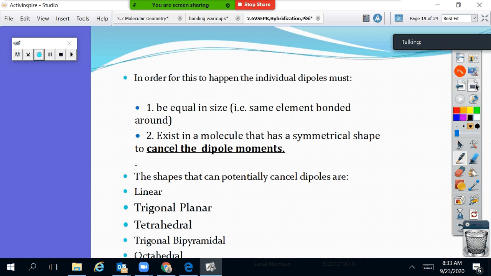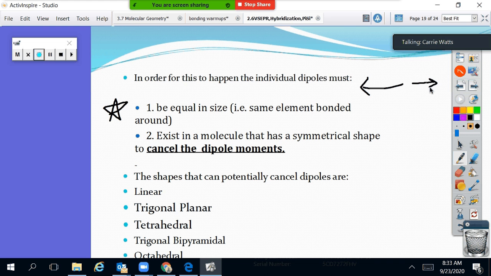Okay, this is again the same slide we've been going over. In order to cancel out, they have to be equal in size. Okay, so these dipoles have to be equal in size to cancel each other out. You can't have one long one and then a short one. That's not going to cancel out, obviously.